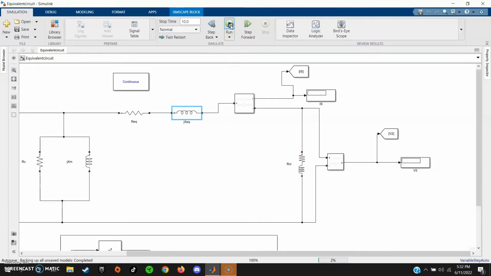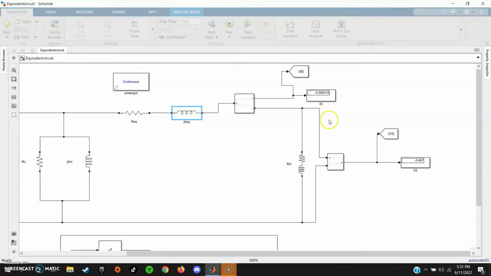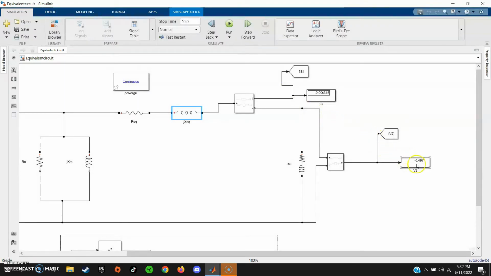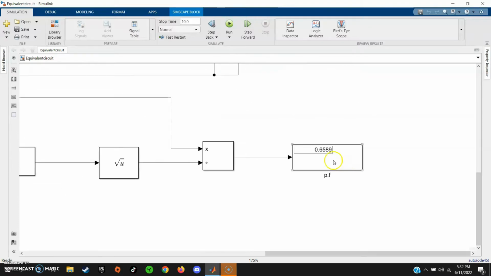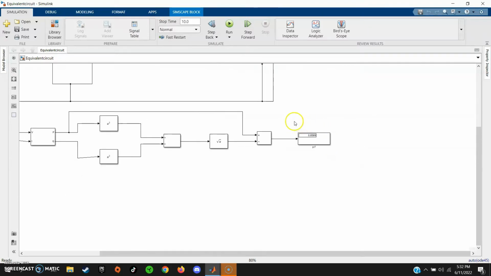Okay, I run it first. Okay, V2 is negative 5.497 and IS is negative 0.006315, and from those values we can find the power factor, 0.6589.